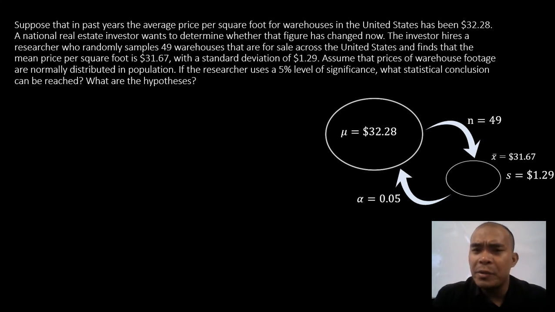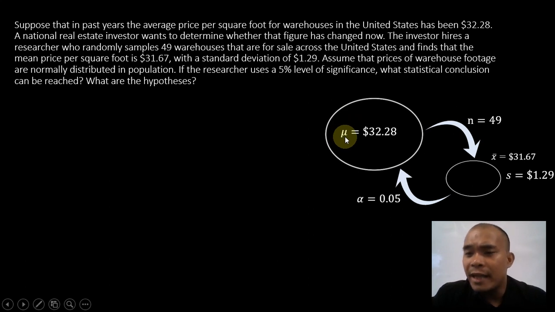Okay, so basically what we're trying to do here is, this is the standard, 32.28, and then after data gathering, the researcher found out that the mean changes to 31.67. But the question is, does this 31.67 significantly differ from 32.28? That's the question there.